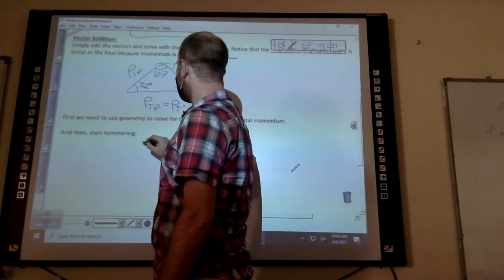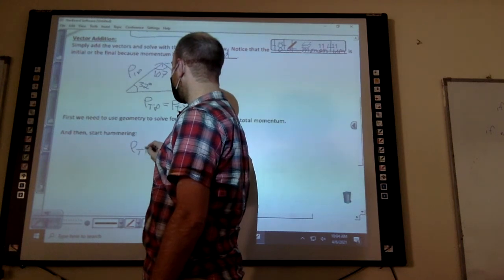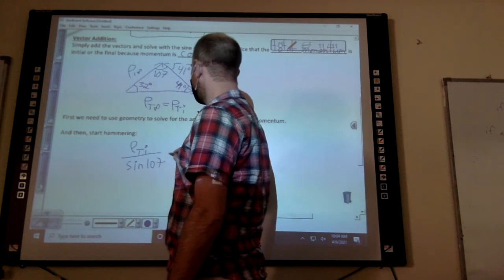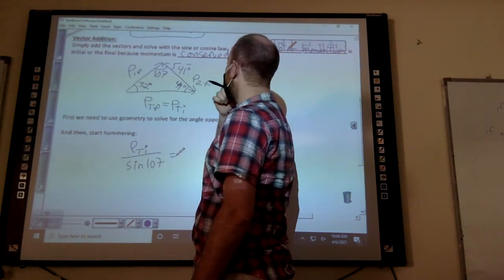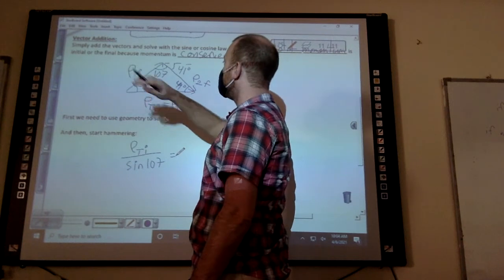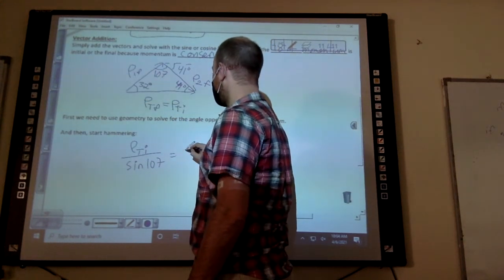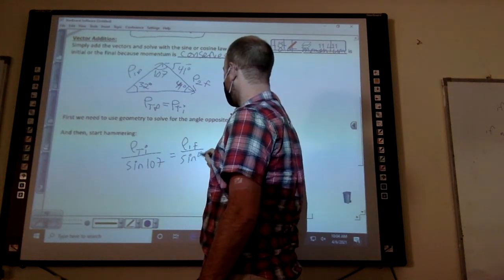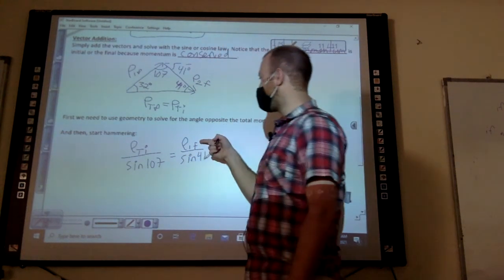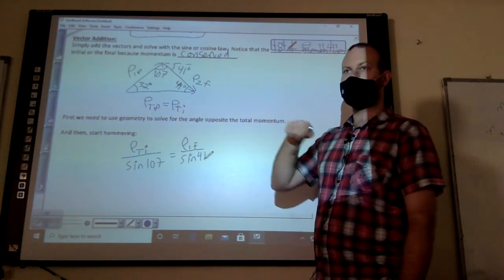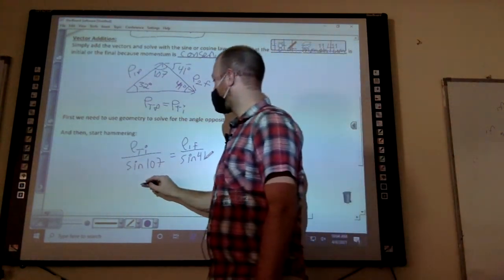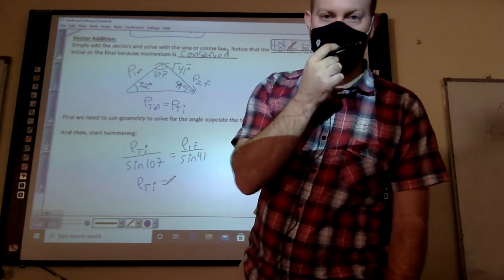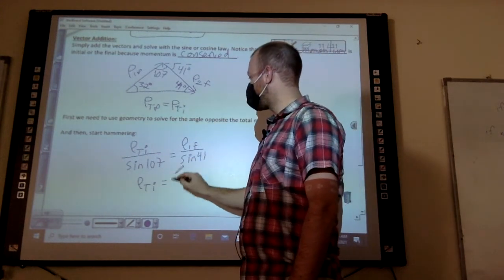So momentum total initial over sine 107 is equal to, whichever one you want, momentum 2 final over sine 32, or momentum 1 final over sine 41. I have the number for momentum 1 final, which I calculated on the previous page. So momentum total initial will give us 16.33.